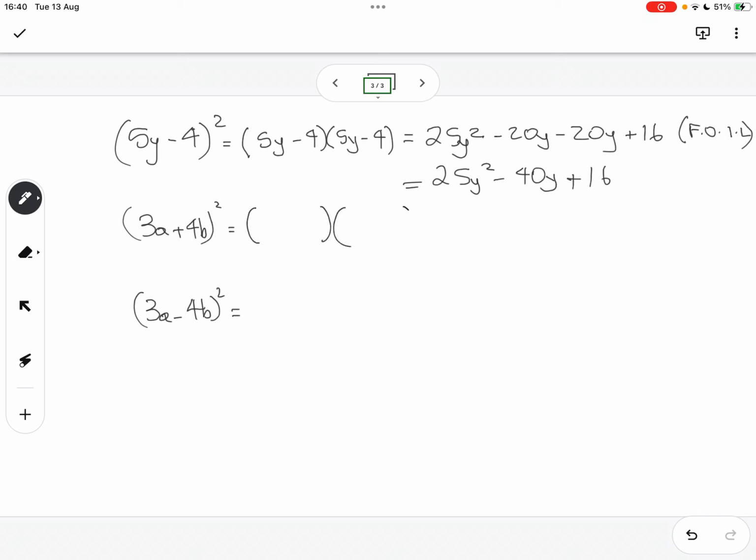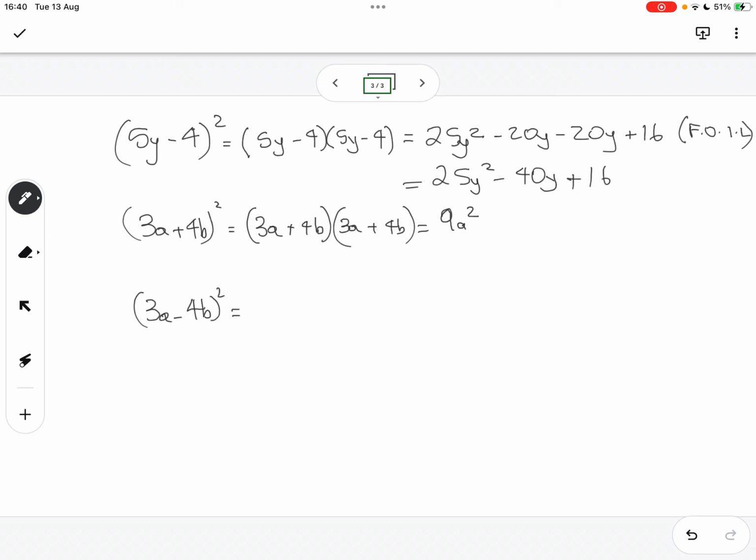So that first way to express this would be to write it out as brackets: 3a plus 4b, 3a plus 4b. Right? Then we multiply the first ones. It's 3a times 3a. That gives us how much? 9a squared. Excellent.